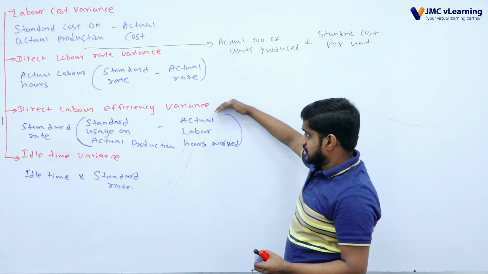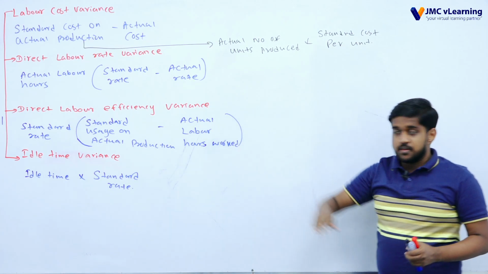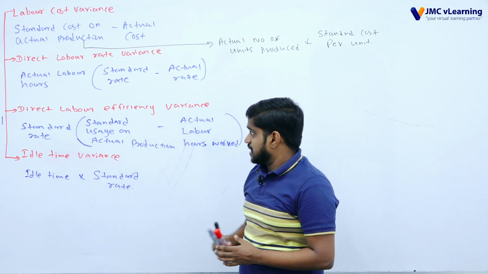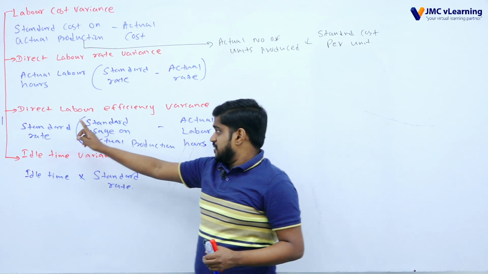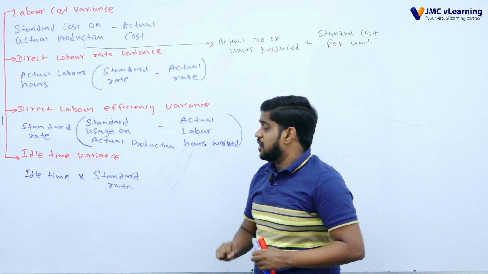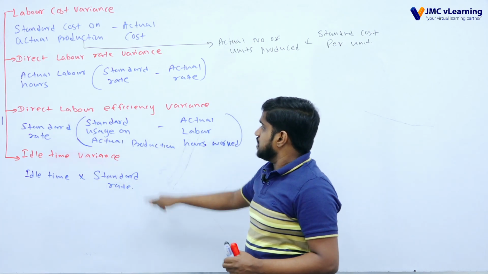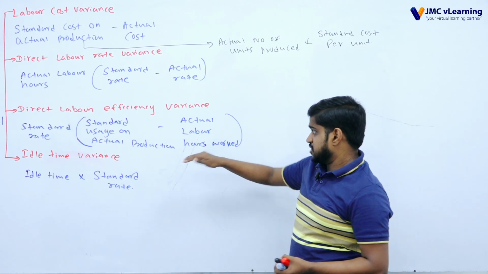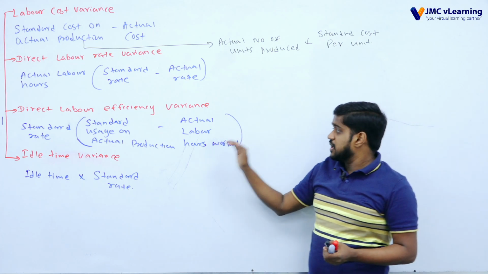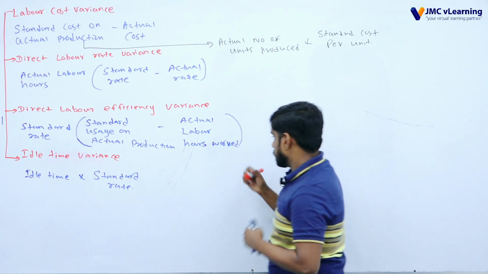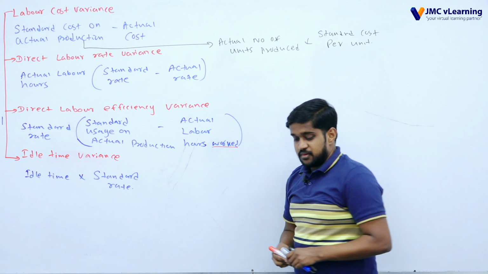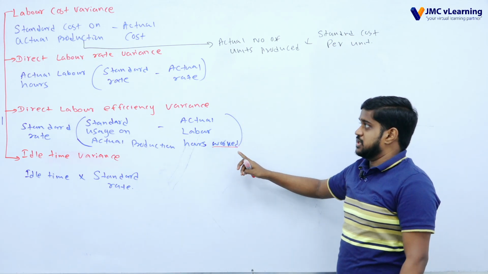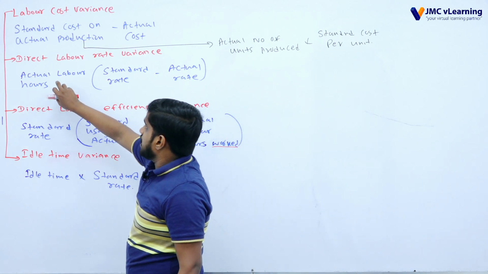Then our second sub variance is direct labor efficiency variance. How can we calculate it? We multiply the standard rate per hour by the difference between standard hours usage on actual production and actual labor hours worked. The most important thing is to get actual labor hours worked.